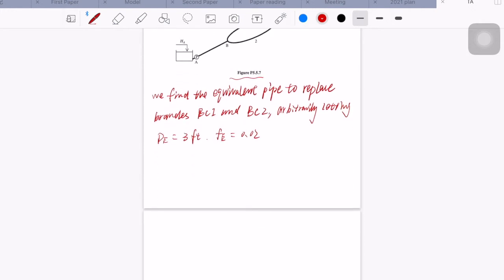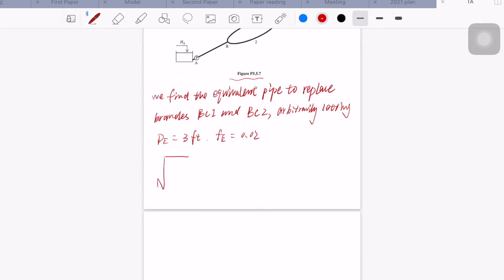So now we know the square root of DE to the power of 5 divided by FE times LE equals square root of D1 to the power of 5 divided by F1 times L1 plus square root of D2 to the power of 5 divided by F2 times L2. This is equation 3.47 in the textbook.